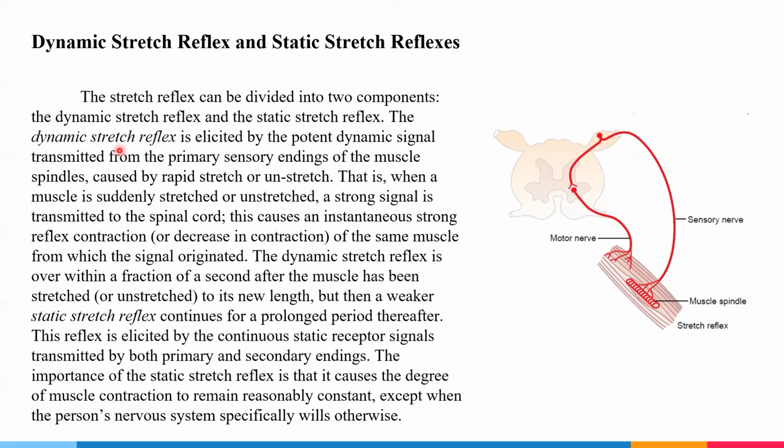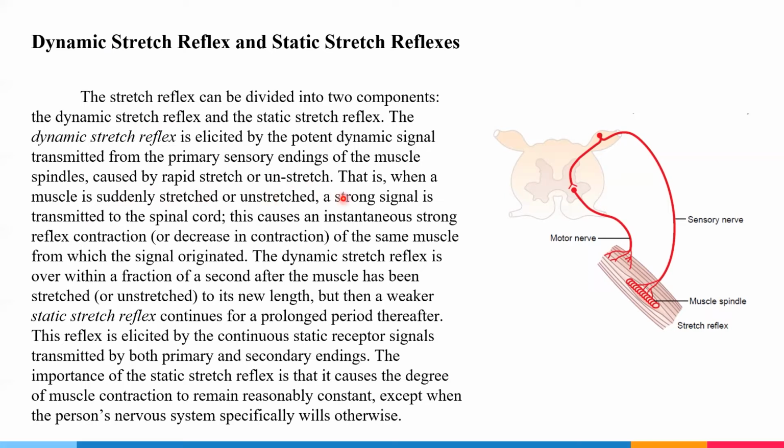The dynamic stretch reflex is elicited by the potent dynamic signal transmitted from the primary sensory endings of the muscle spindles, caused by rapid stretch or unstretch or relaxation.